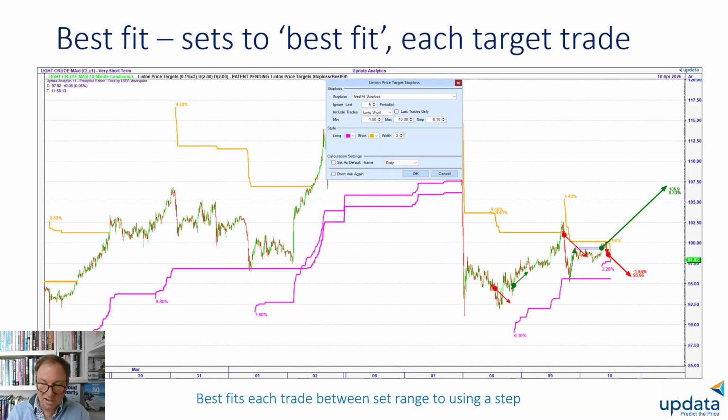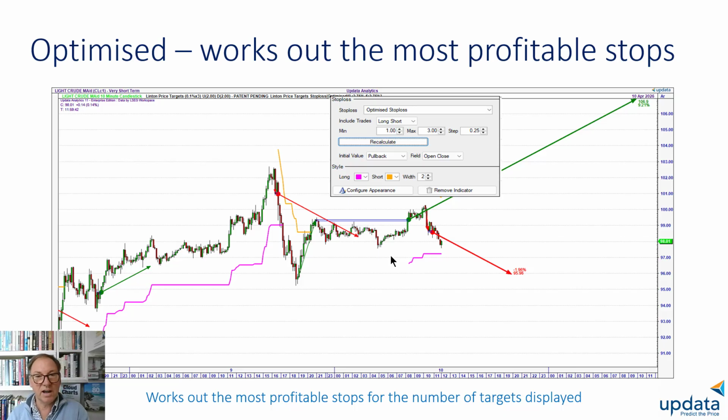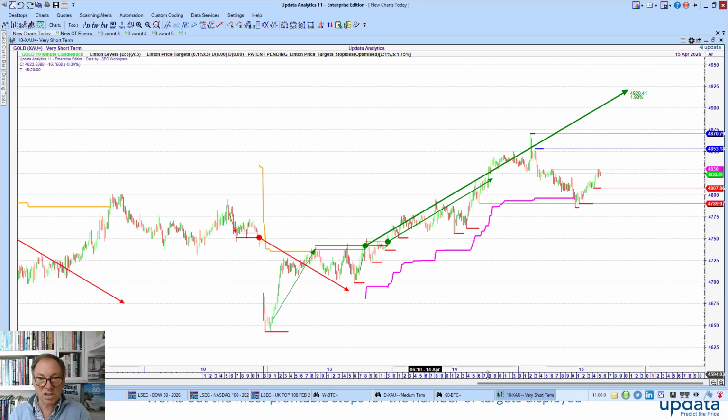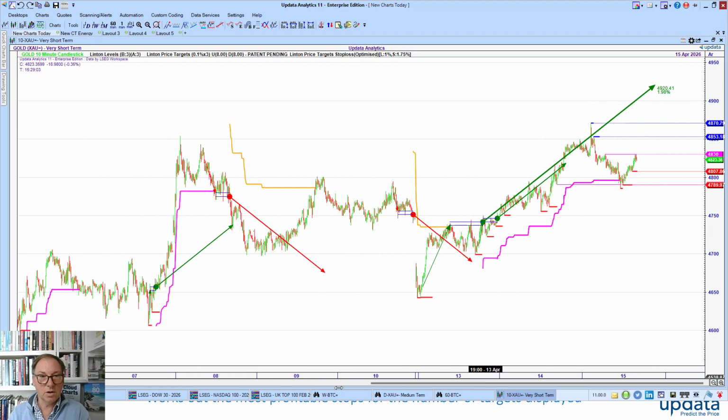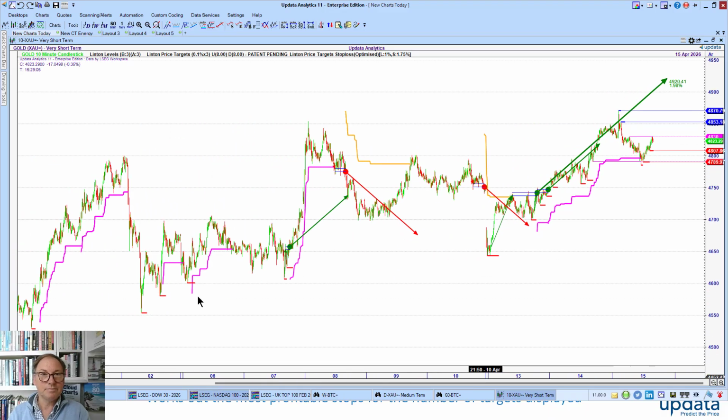So in this instance, it's looking at all the previous trades based on the targets that are shown on the chart. It's looking at all the previous trades and saying that's the one that worked best. 1% has worked best on the 10-minute chart on gold based on the targets.